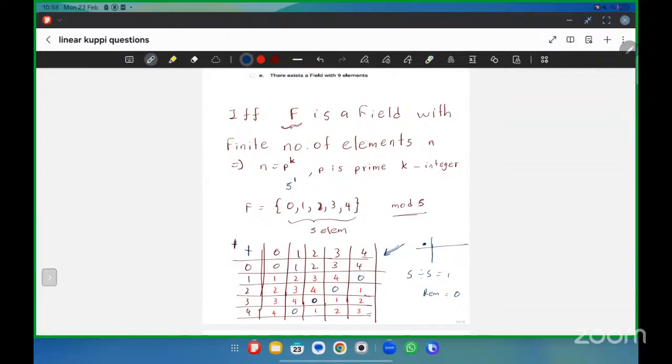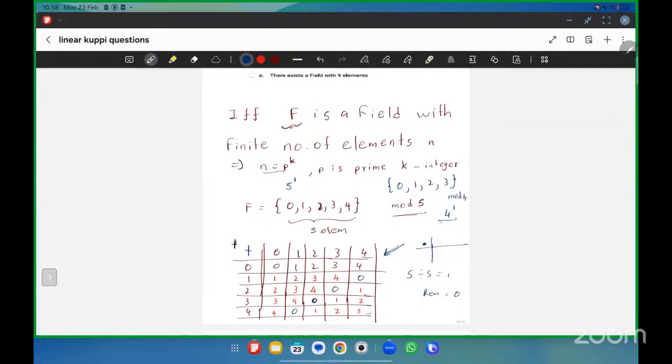this is a field for this example. And the thing we can't tell is, if there is a finite set 1, 2, 3 with mod 4, we can't tell from the structure that this is a field.